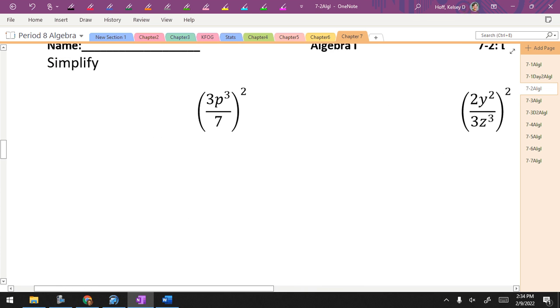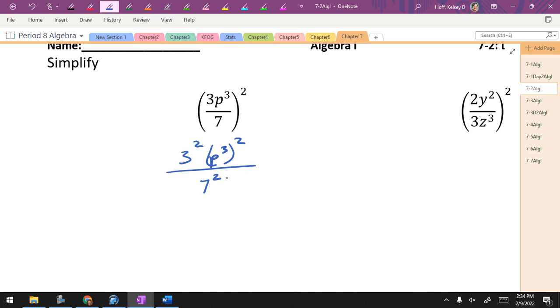All right, so let's put everything together here. Exponent on the outside. That 2 on the outside has to go to absolutely everything in the numerator and absolutely everything in the denominator. So I end up with 3 squared, p to the third squared, and 7 squared.